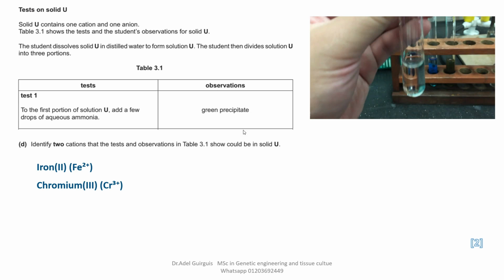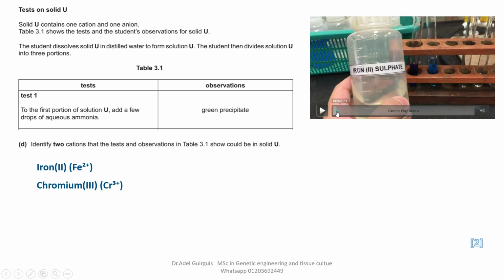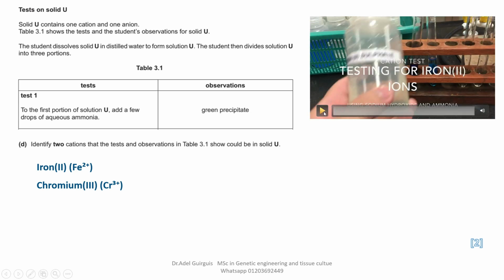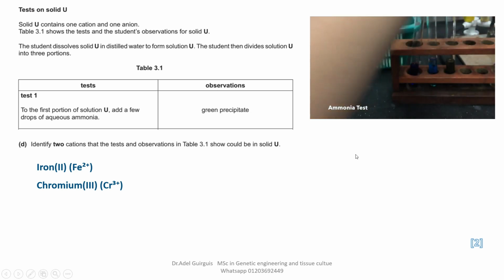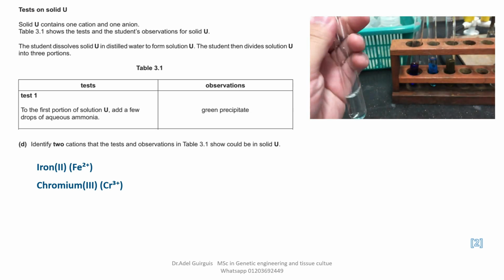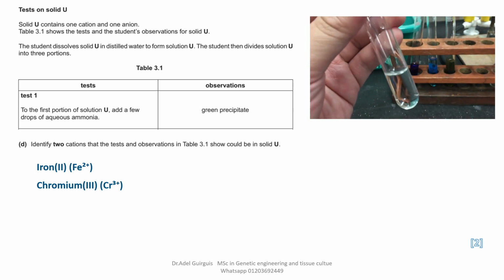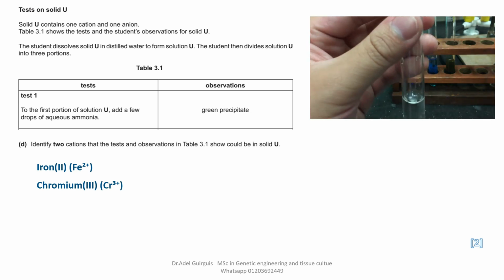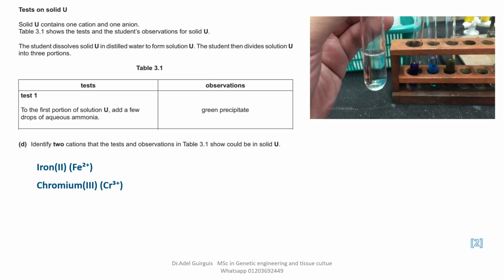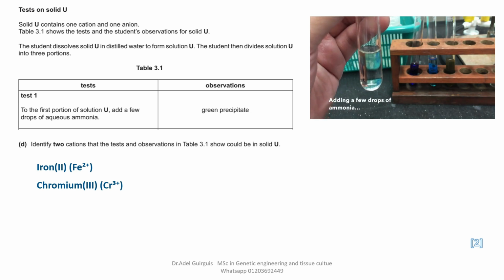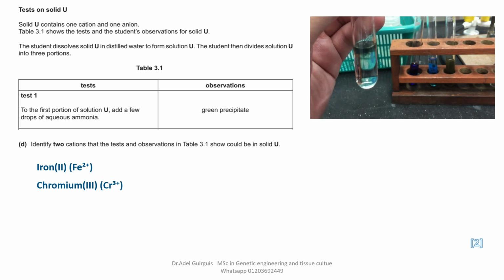Now look, to indicate this green color, test for iron(II): iron(II) sulfate containing Fe2+ and ammonia solution. Adding a few drops of ammonia to a sample solution of iron(II) sulfate, a green precipitate is formed.